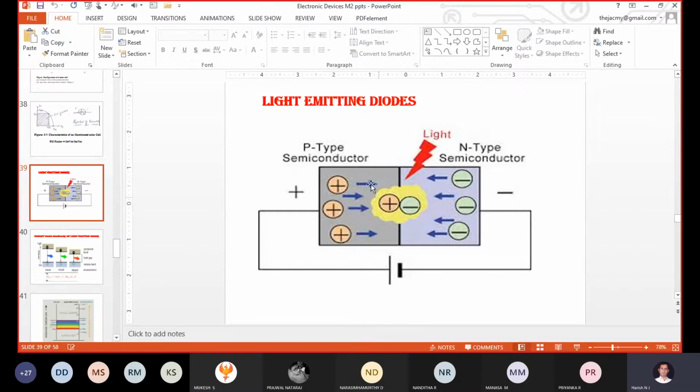The positively charged carriers in the p substrate, connected to the positive terminal of the power supply, have the same charge, so a repulsive force is initiated. In the same way, the negative charge carriers in the n-type, connected to the negative terminal, experience a repulsive force.